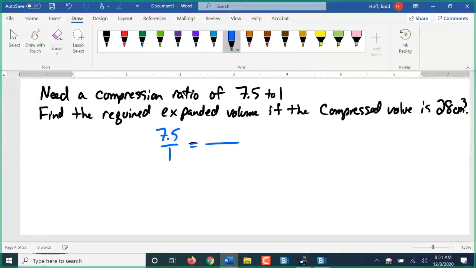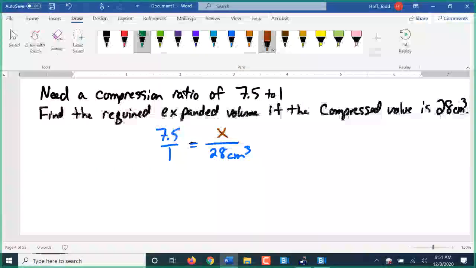So the 7.5 is the expanded, the 1 is the compressed, so the 28 cubic centimeters goes with the 1 on bottom. So this is the number we're looking for up here, the expanded volume.